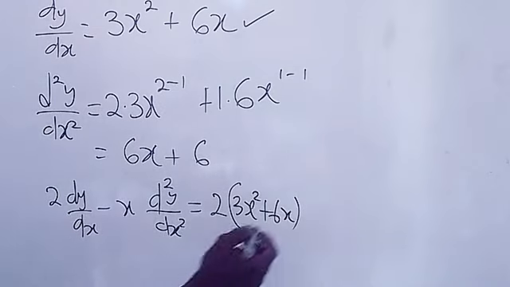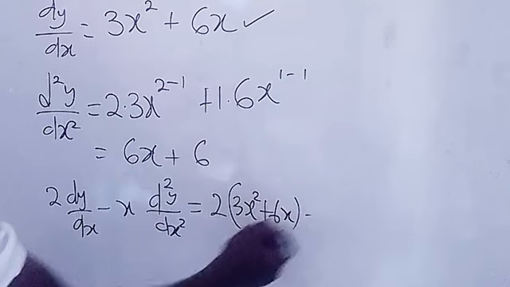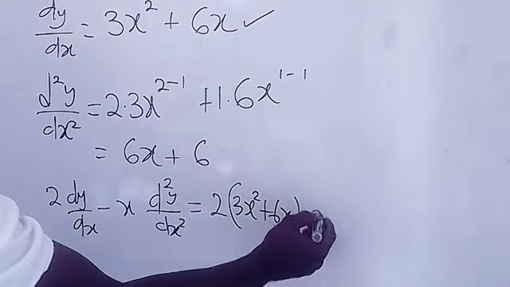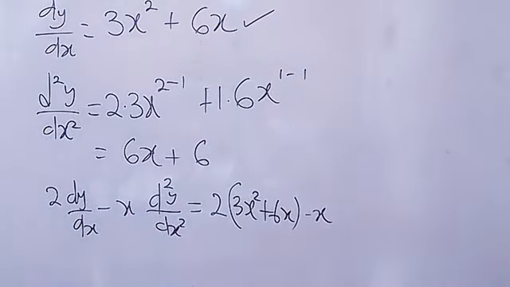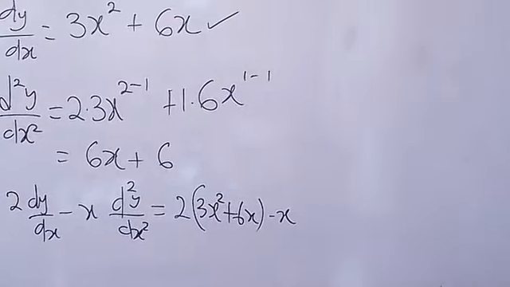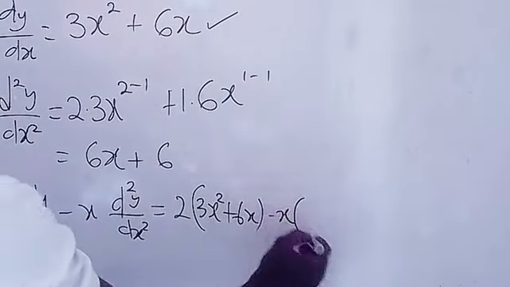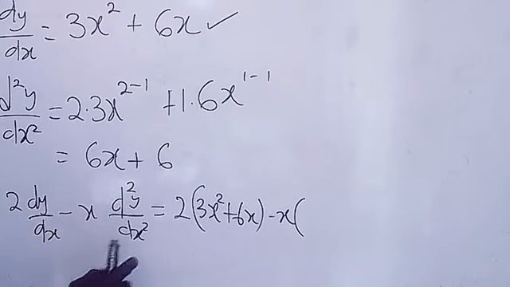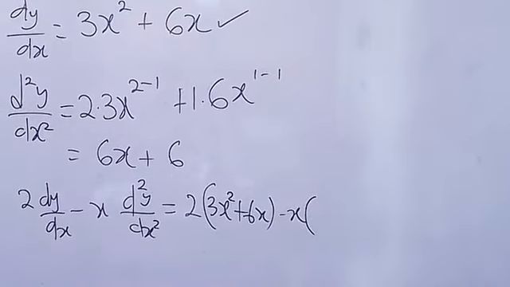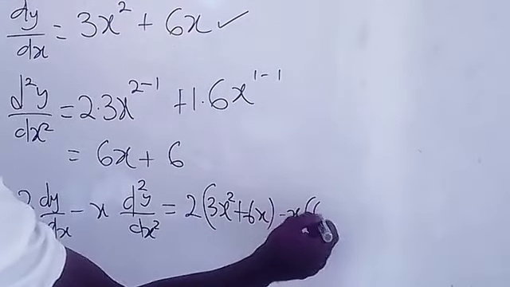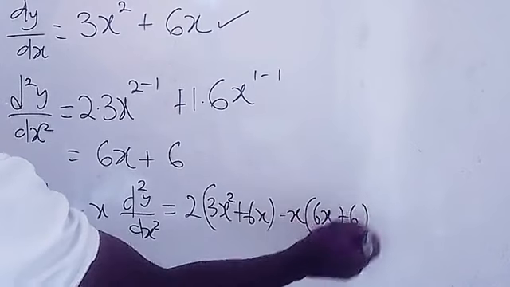Are you following? Then minus x into bracket d squared y over dx squared, which will give us 6x plus 6.